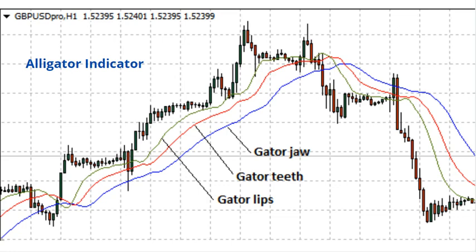The blue line represents a 13-bar moving average shifted 8 bars on the chart. The red line is an 8-bar moving average shifted 5 bars forward. Finally, the green line is a 5-bar moving average shifted 3 bars forward.